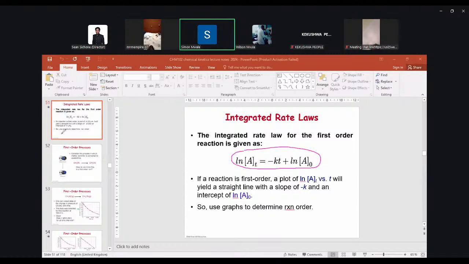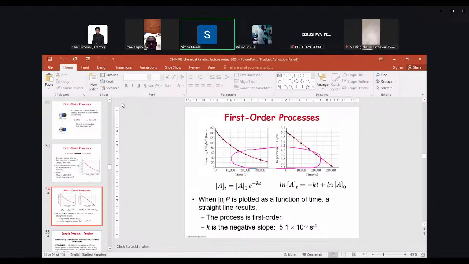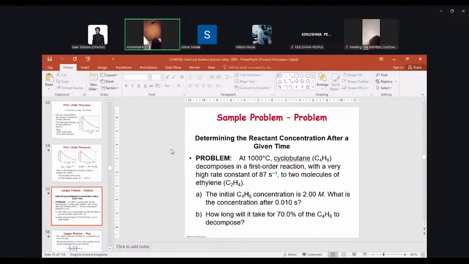I gave you a question, which was an example, and we did it. I'm just trying to recap on where we ended. The example was this one that is here, and we solved this example.